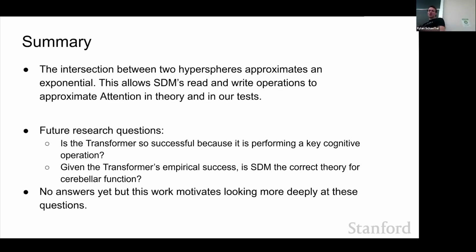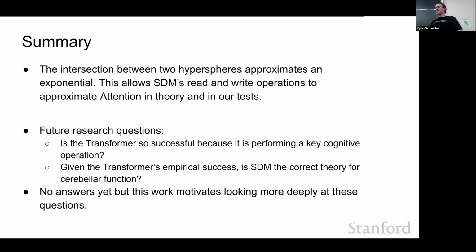Okay, so a summary of this section is basically just that the intersection between two hyperspheres approximates an exponential. This allows SDM's read and write operations to approximate attention, both in theory and in our limited tests. Big picture research questions that could come out of this are, first, is the transformer so successful because it's performing some key cognitive operation?